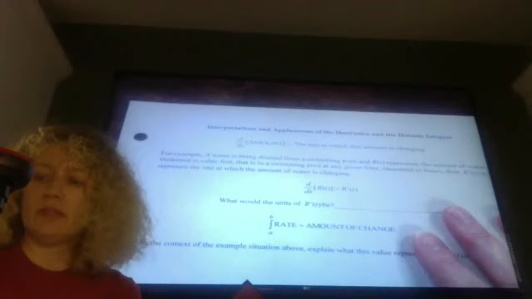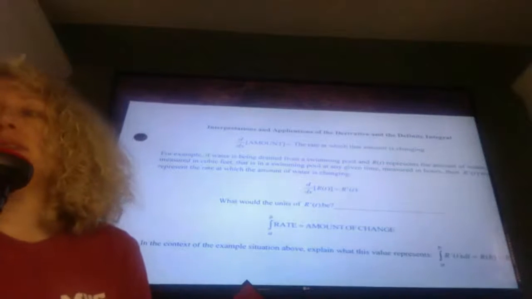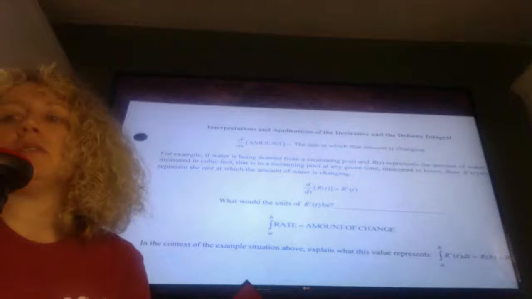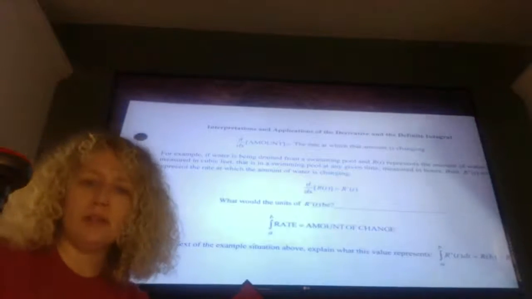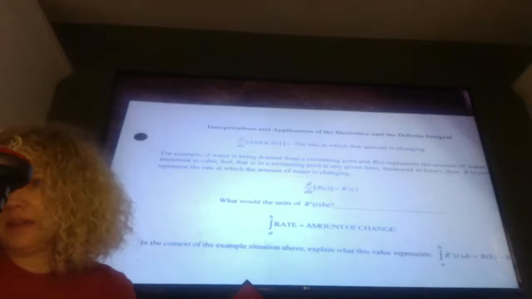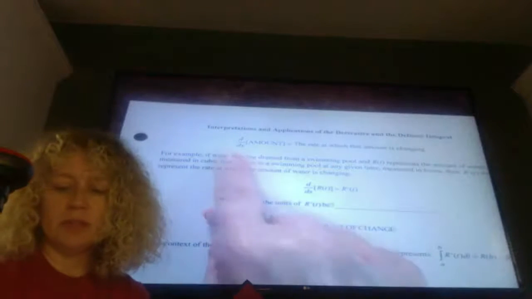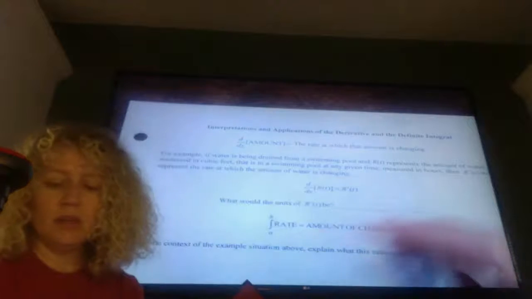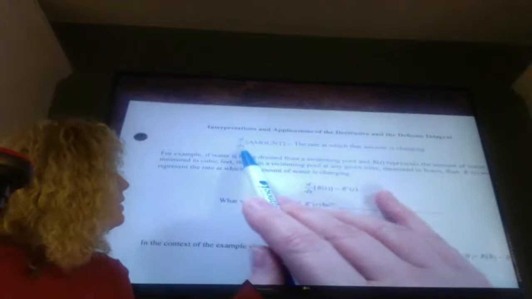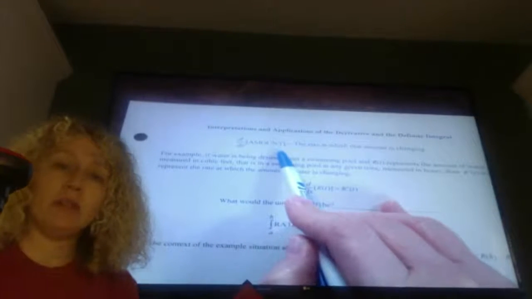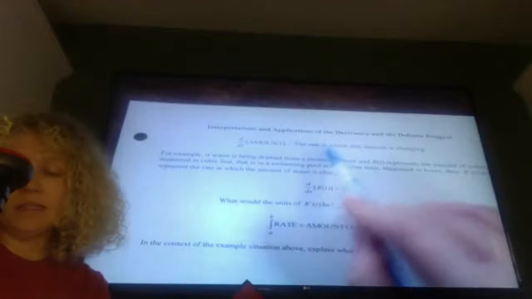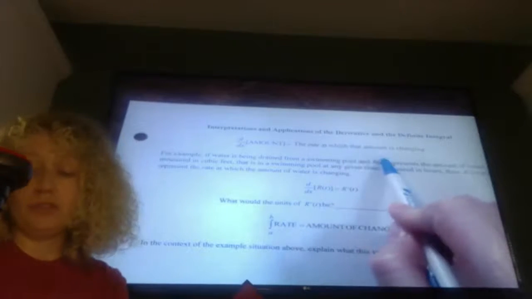All right, so today we're going to talk about interpretations and applications of the derivative and definite integral. And here's just some things that you need to know. So d dx of an amount is the rate at which that amount is changing.